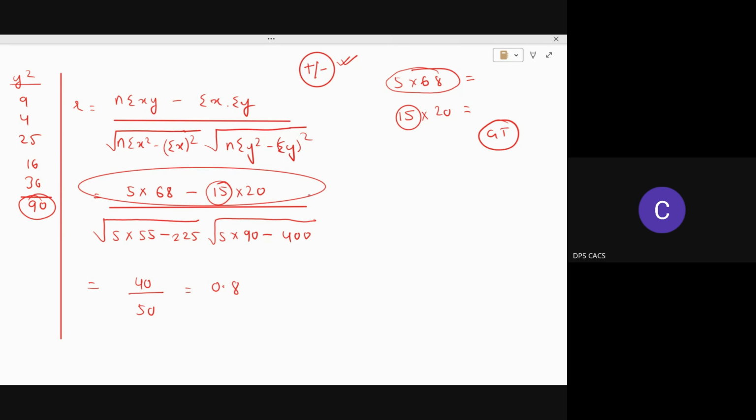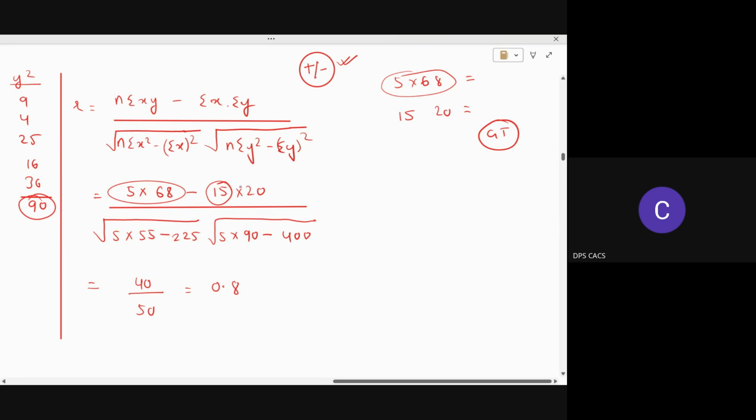Sometimes you may have 3 different calculations in a numerator. First you will do 5 into 68. After that, you know this is 15 into 20, but there is a negative sign. If a plus sign was there, it would be very easy, right? But the negative sign is there, so type 15 first.